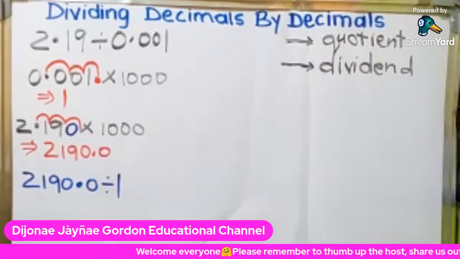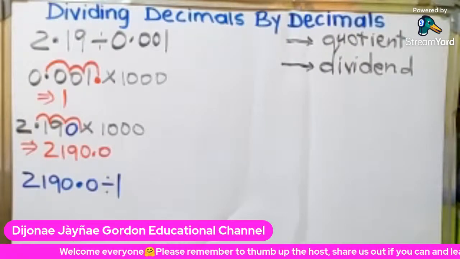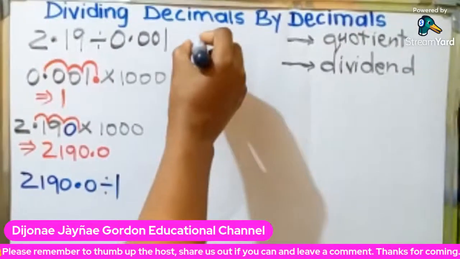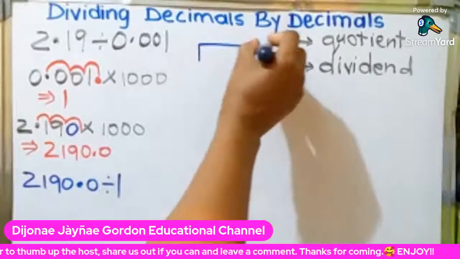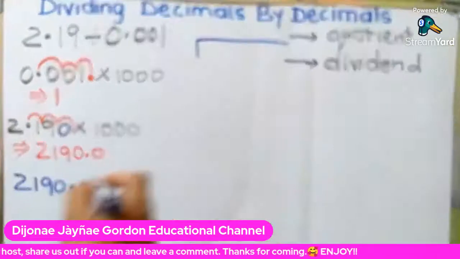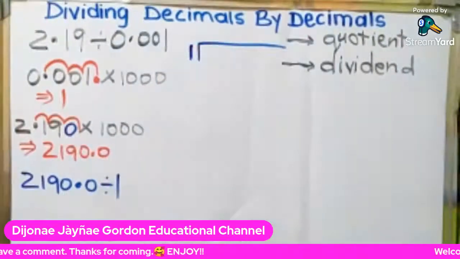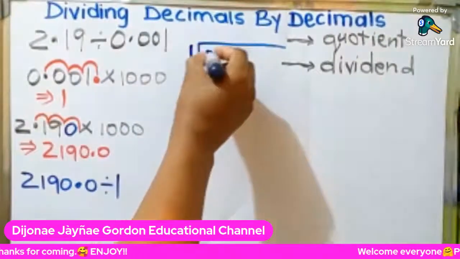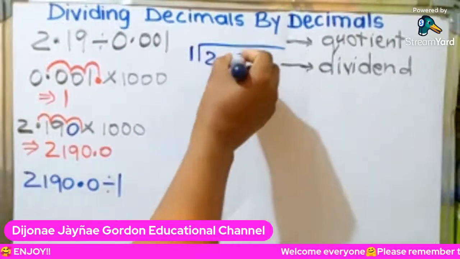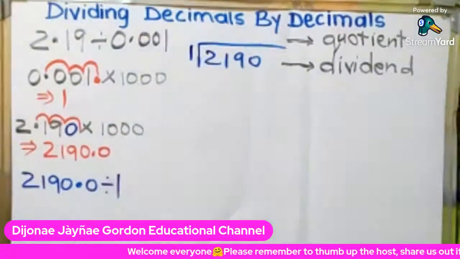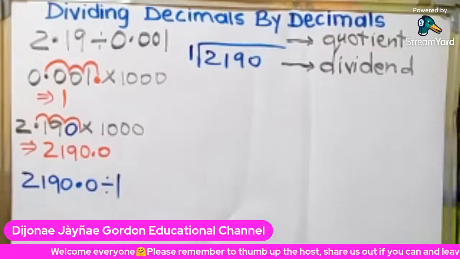Now we're going to solve this problem. So we're going to set out our division right here. Remember, we're solving to get our quotient, and in this division problem, 1 is our divisor, and 2190 in this case is known as our dividend.